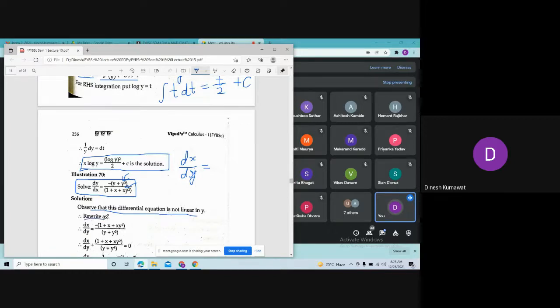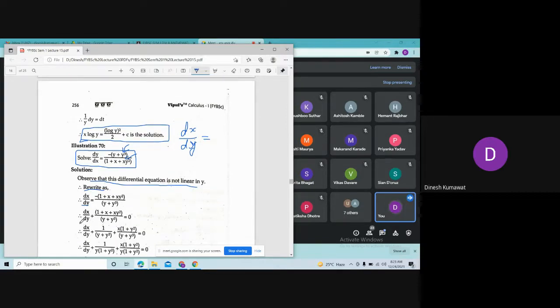Therefore rewrite it as dx by dy is equals to -1 plus xy square upon y plus y cube. Now take this on the left hand side, so it becomes positive. Now just try to separate it.